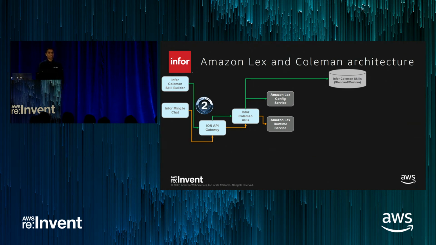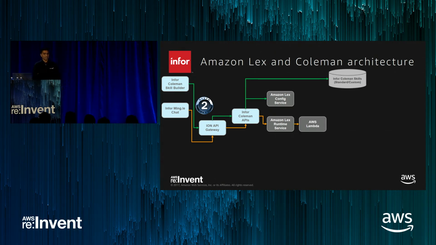So we need to send some information about the user who is making the request. We do not pass the OAuth tokens directly to the Lex system. We convert the OAuth token into a one-time token that we pass to Lex, so we don't pass the OAuth token as it is.